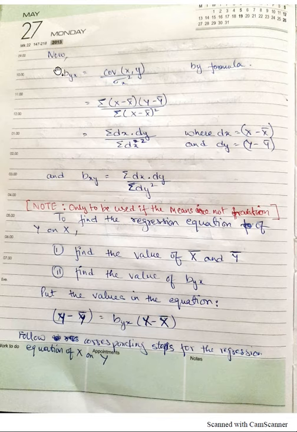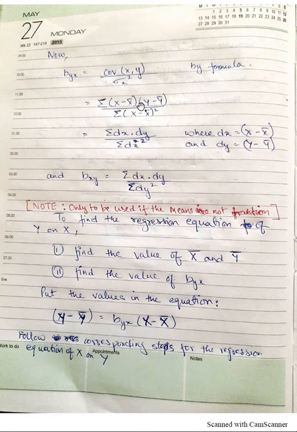So here we already know byx, that is regression coefficient of y on x, is given by covariance between x and y divided by variance of x, that is sigma square x. This comes by the formula we have already discussed. If we expand it, it can be written as summation x minus x bar into y minus y bar divided by summation x minus x bar whole square.